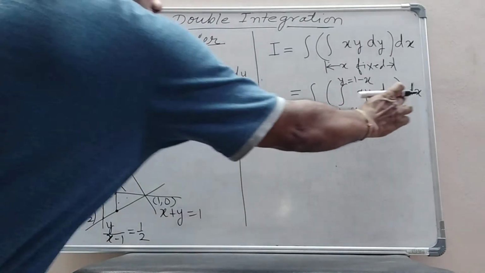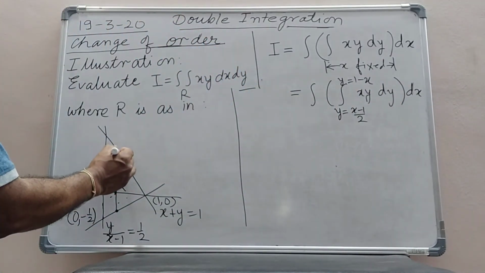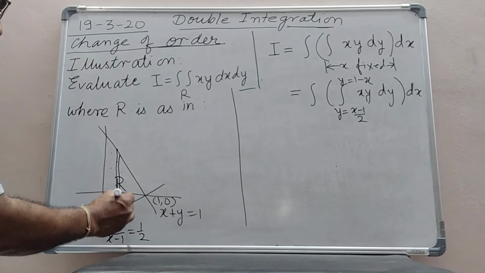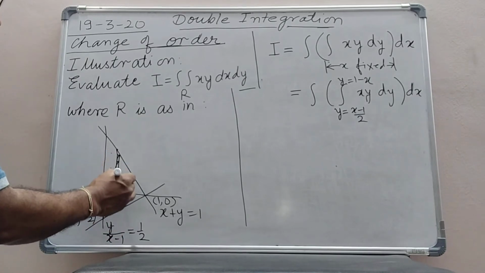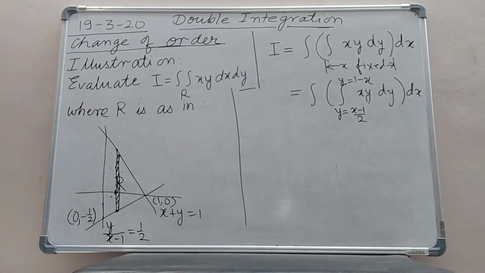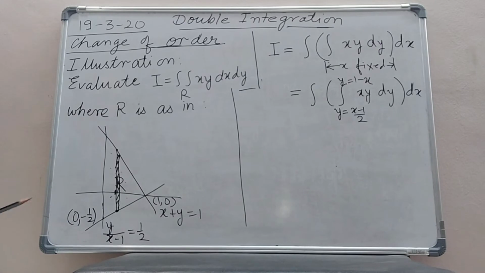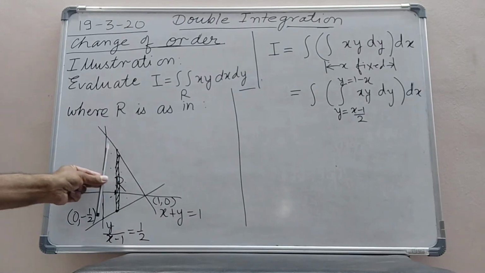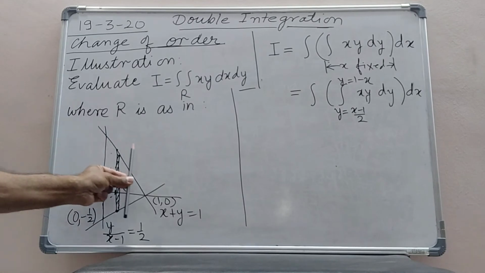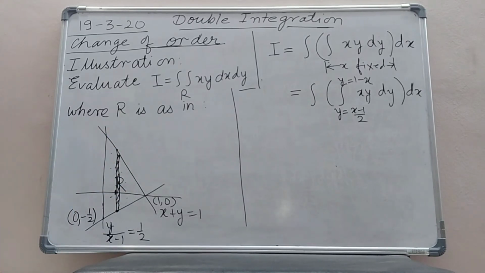So if you consider what is here, dx is a small thickness of the strip. It is actually so thin that x is hardly changing. Integration over R means carrying out integration over all such strips over this region R. The leftmost position of the strip will decide the lower limit for x, and the rightmost position will decide the upper limit for x.